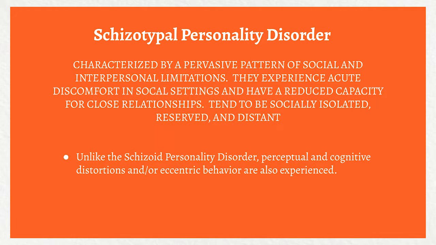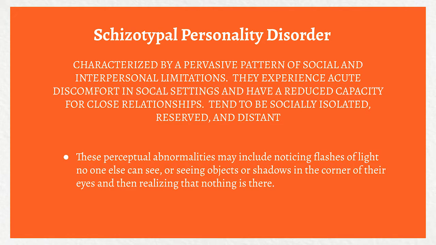Yeah, and when you see our next graphic, looking at some of the pointers that are going to help the therapist form the diagnosis, besides what we've discussed in the schizoid, there tend to be perceptual or cognitive distortions a lot more. So we may see some hallucinations, things like that. Hearing voices, delusions.